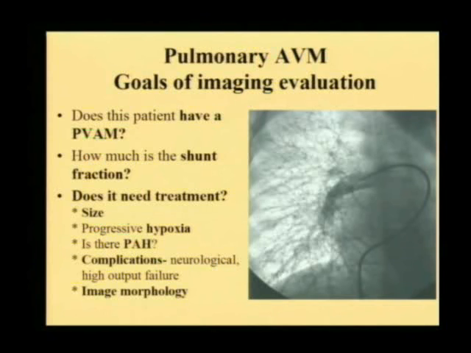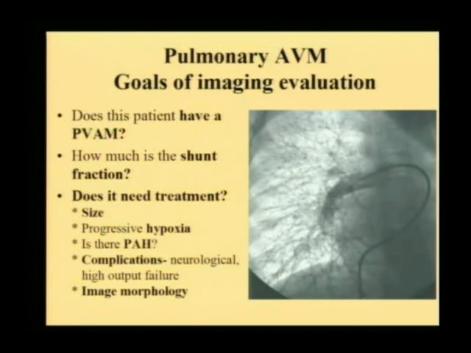Once you have defined these two basic questions, the next question you have to answer is, should this patient be treated for the arteriovenous malformation? There are many factors which will decide whether, once we have established the diagnosis, we should progress to treat this patient. These include the size of the malformation. Malformations beyond a certain size have a higher incidence of morbidity and mortality, and therefore they should be treated standalone, whether symptomatic or asymptomatic. Malformations which produce progressive hypoxia should be treated irrespective of the size.